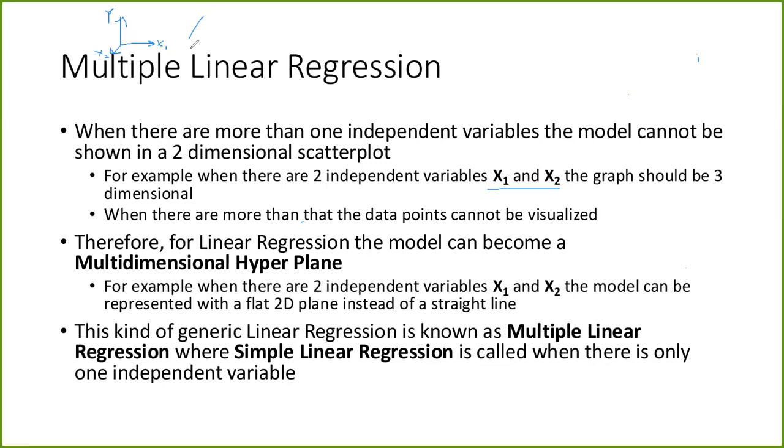For a straight line, we have to find the M and C parameters, right? But now what we have to find are the parameters relevant to a flat plane, right? So when it comes to three-dimensional space, we are not going to find a single straight line, but we are going to find the parameters relevant to this flat plane.